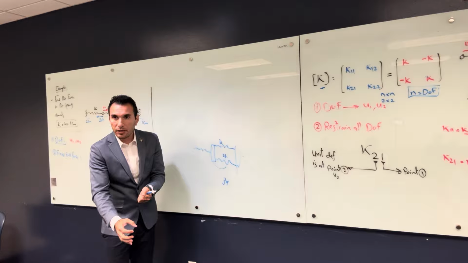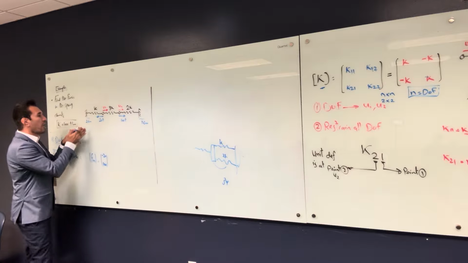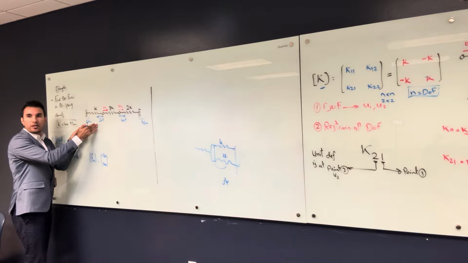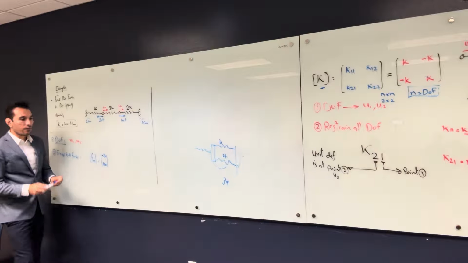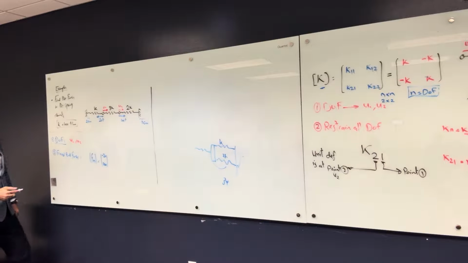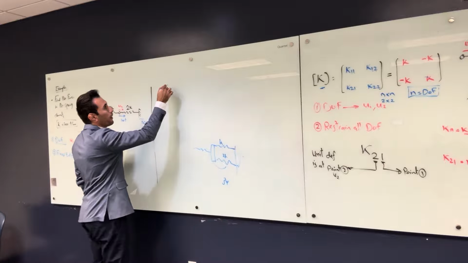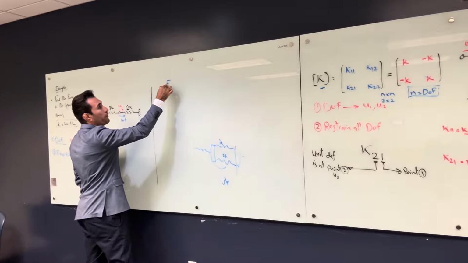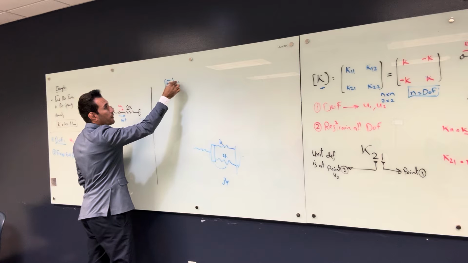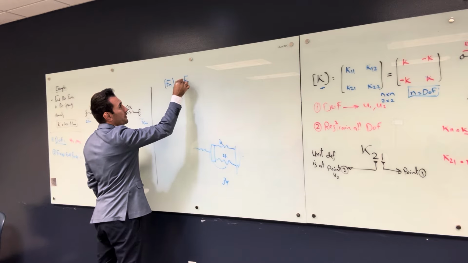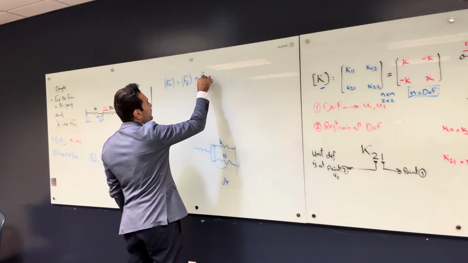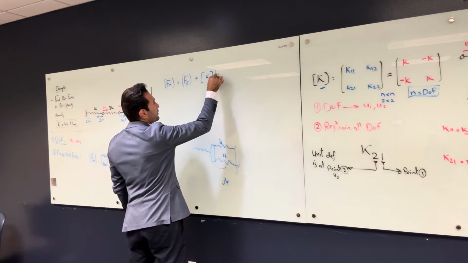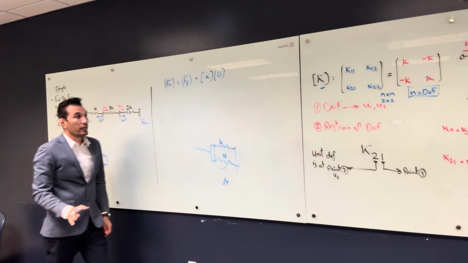To move 2 centimeters down, there's definitely a force that caused it. So I'm going to convert these 2 centimeters into fixed end forces to find this vector, because if you remember, our rule is F nodal vector equals F fixed end forces vector plus the stiffness matrix multiplied by the displacement, right?